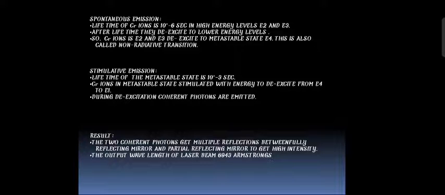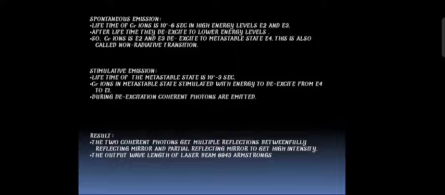And spontaneous emission: in this experiment the lifetime of Cr ions is 10 power minus 6 seconds in high energy levels E2 and E3. After that time they get de-excited to the lower levels, so Cr ions in E2 and E3 de-excite to the metastable state E4. This is also called a non-radiative transition.